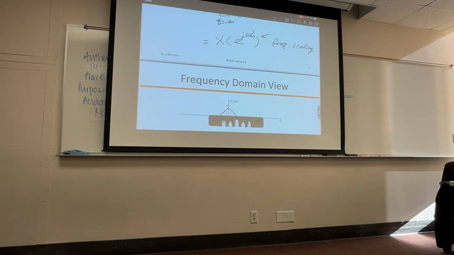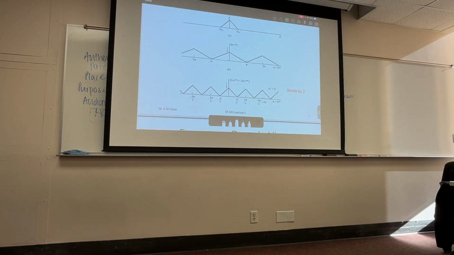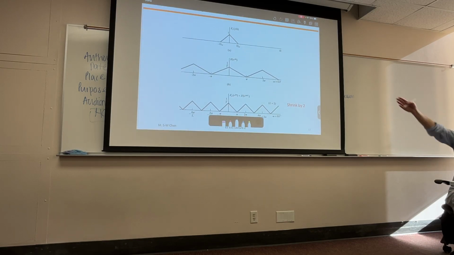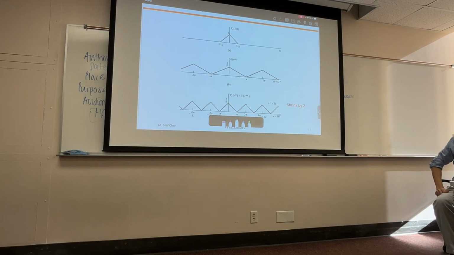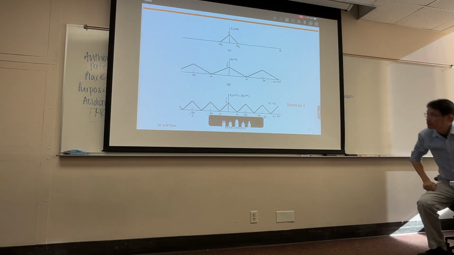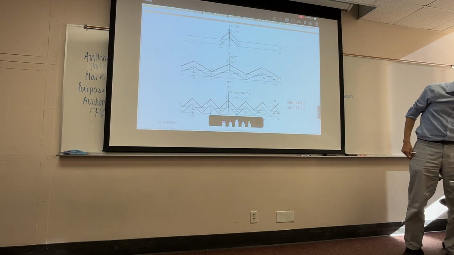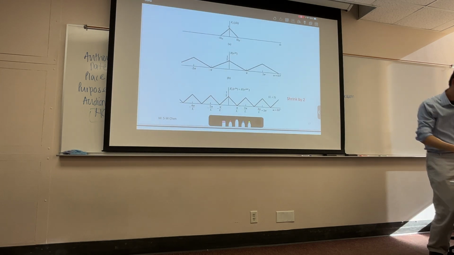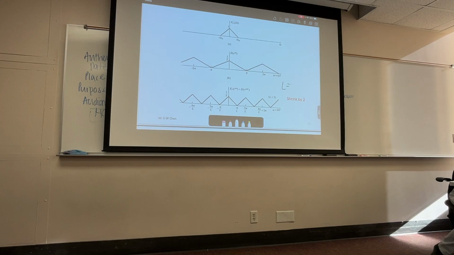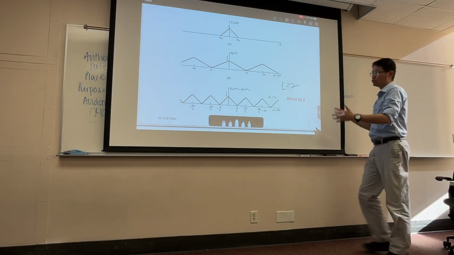All right, so with this, what happens is, if this is the original analog signal, and the second row there is the sampled discrete time signal, now you're gonna compress it, like you pressed it by a factor of L. In this case, L equals 2, so you're gonna compress by 2x.